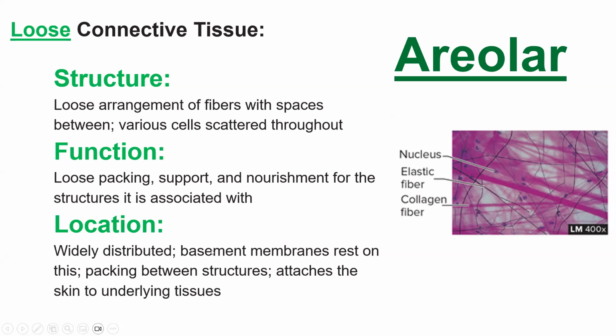We find this in a lot of places, and the basement membranes actually rest on areolar tissue. So we talked about basement membrane in the epithelial chapter. Remember, epithelial tissue is avascular. It does not have a good blood supply. So it's relying on the nutrients in the areolar connective tissue underlying to provide that to our epithelial cells.